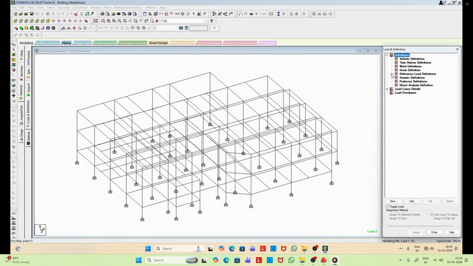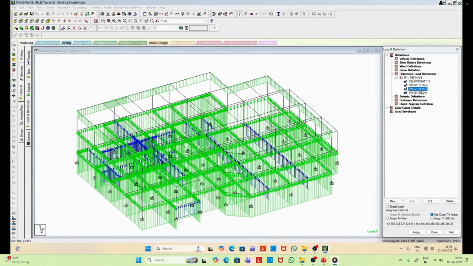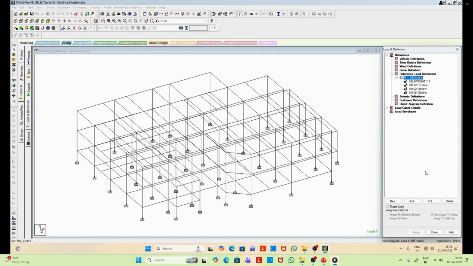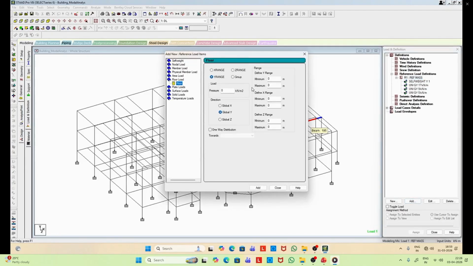So here if you go to this reference load and select this, you can see these loads are applied appropriately. Otherwise, you have to select all the beams, and then the way we did in the previous lecture, we have to apply. So now the beam masses are applied.